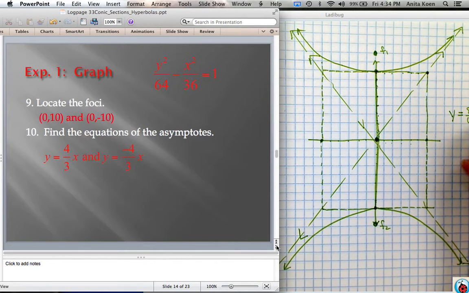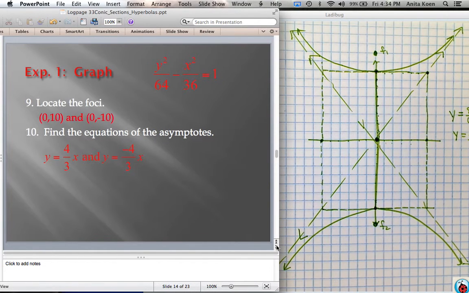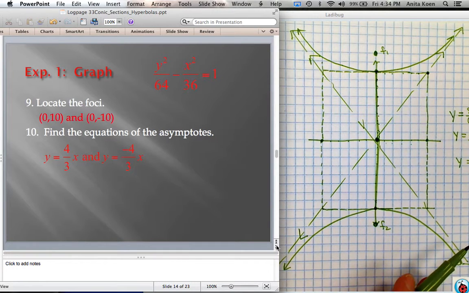Okay, y equals 8 over 6 x, which reduces to y equals 4/3 x. And then you're also going to do the opposite, so y equals negative 4/3 x, because this slope is negative.